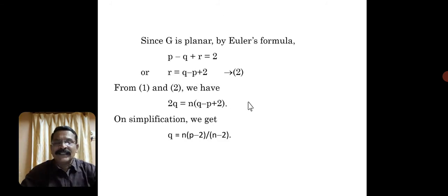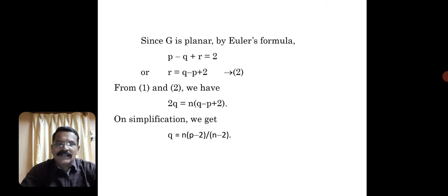Now if we see the second result, already in the statement it is given that G is a planar graph. So once it is planar, we have already proved one result, that is Euler's formula. If G is a planar (p, q) graph with r faces, then obviously p minus q plus r equal to 2 holds.